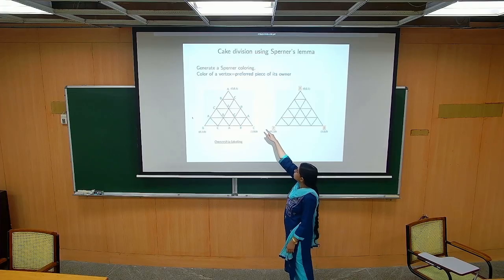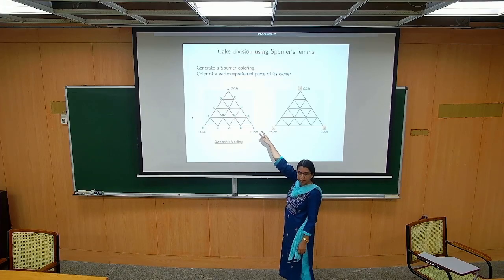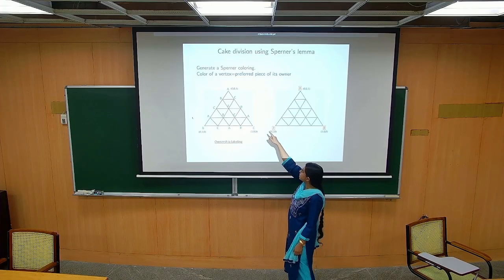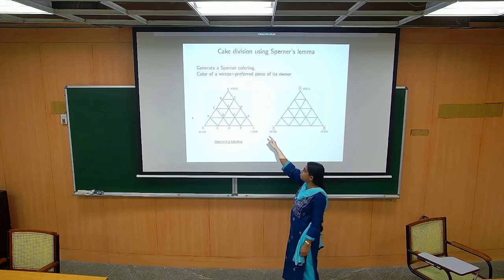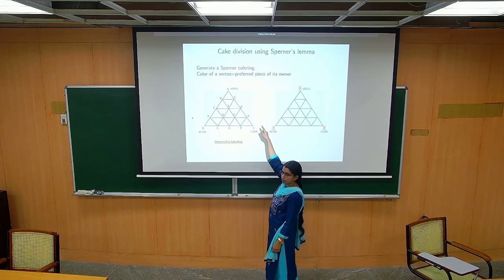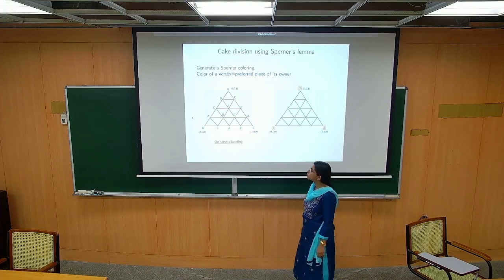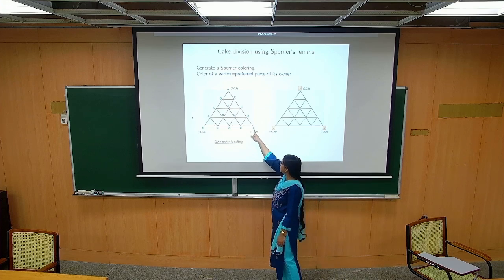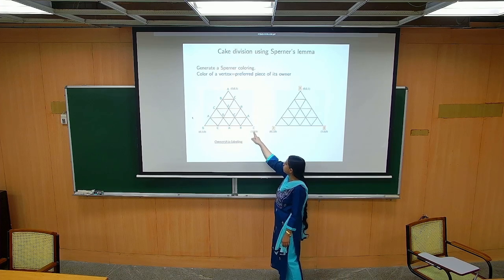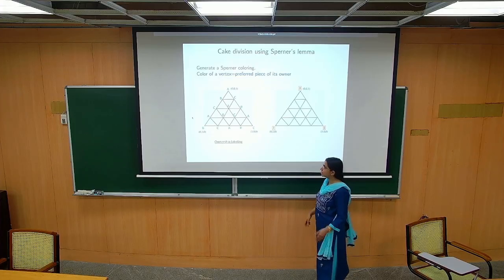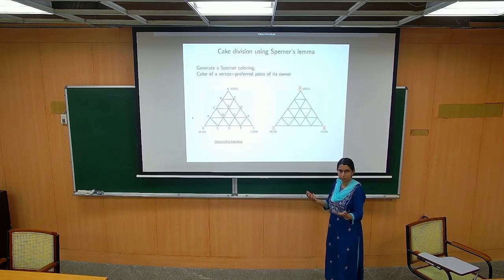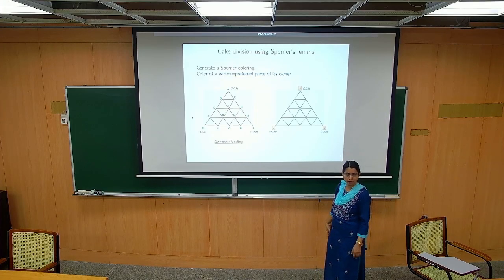Now the topmost corner is owned by agent A. So we ask agent A, what is your favorite piece if the division is 001? Here we are asking agent C, what is your favorite piece if the cut looks like 100, that is, the entire cake goes to the first piece and the other two pieces are empty? Obviously anybody will prefer the whole cake rather than an empty one.